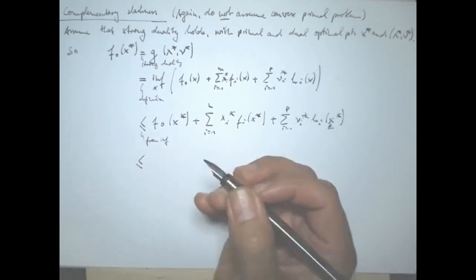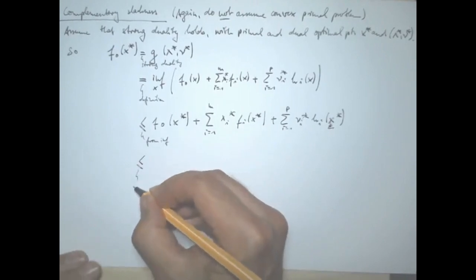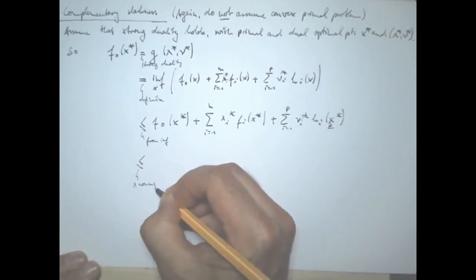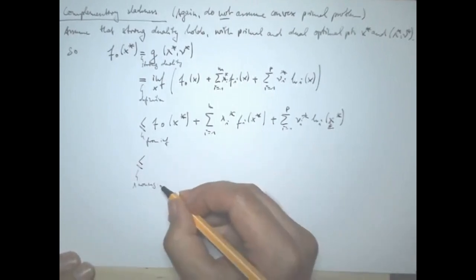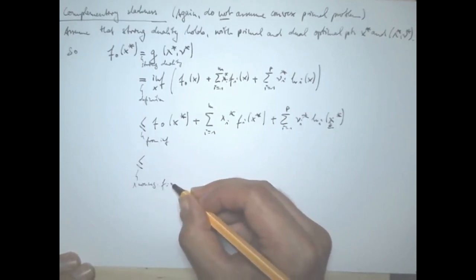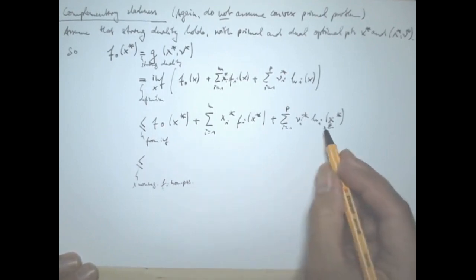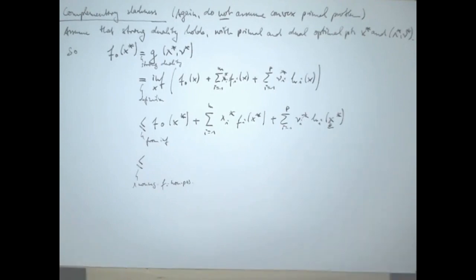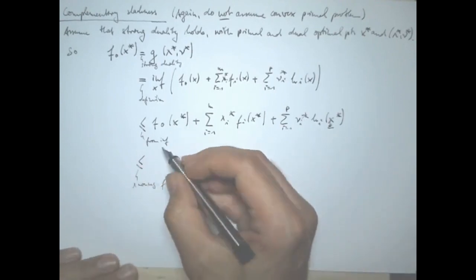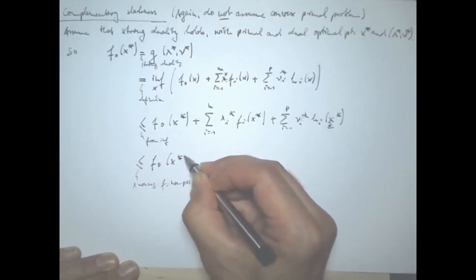And now I'm using again the property that lambda is non-negative and that my f functions are non-positive and the hi's are 0, to say that this expression here is upper bounded by f0 of x star.